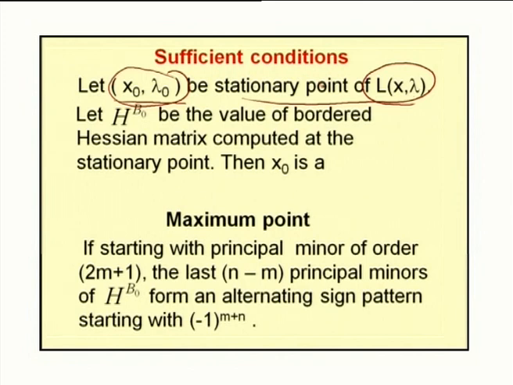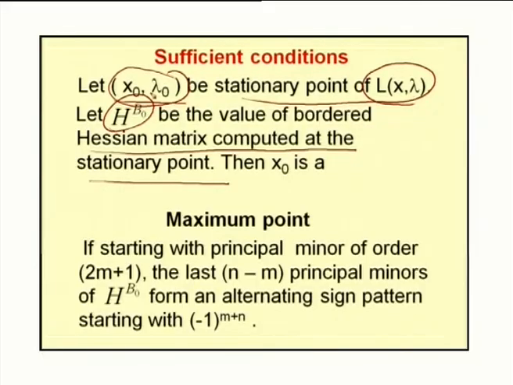Now, at this stationary point, we construct the border Hessian matrix. So, let HB0 be the value of the border Hessian matrix computed at the stationary point (x0, λ0).